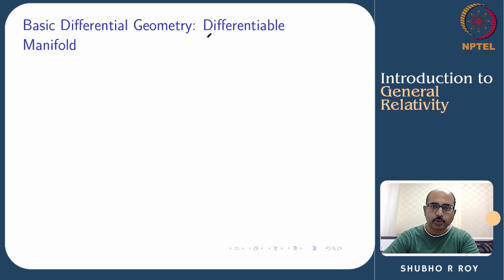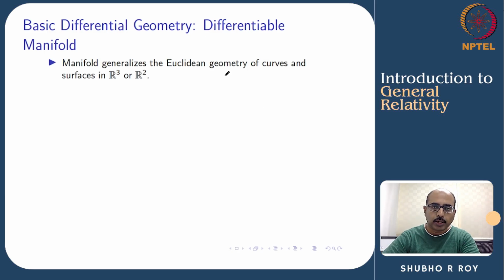The first thing we want to learn about is the concept of a differentiable manifold. So, in general, differential geometry actually generalizes the Euclidean geometry of curves, smooth curves and surfaces embedded inside R3 or R2. Most of you have taken a class in solid geometry, or even in college, in your first year, you must have had some coordinate geometry.